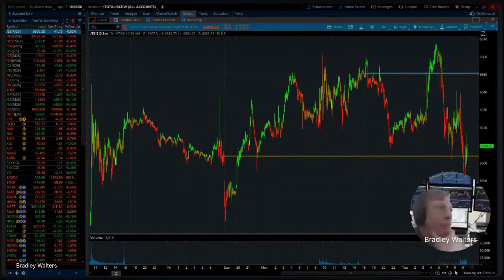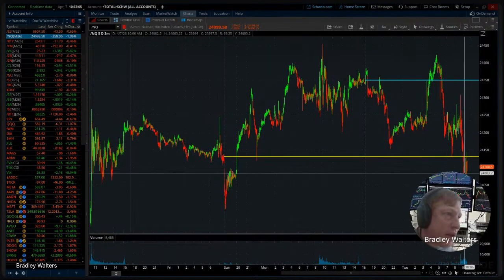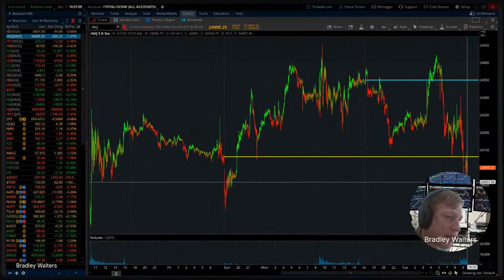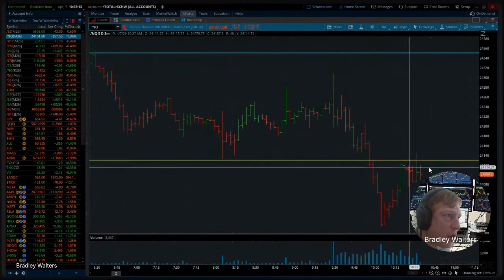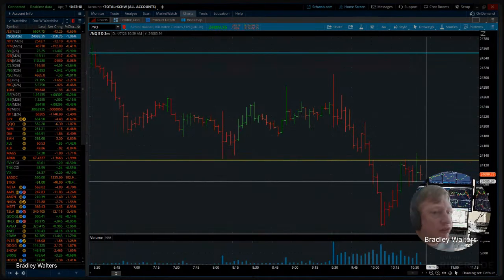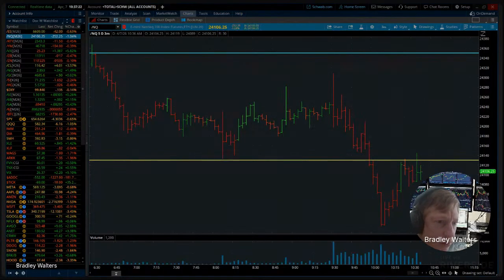So it's good that we have green bars on the S&P and the Nasdaq as well. But as I speak, it's turning red. On the Nasdaq, I don't know if you can zoom in here and look, we're getting red bars. We're not getting continuation green bars. So yes, we're getting this bounce, but we're not getting aggressive follow through to the upside.